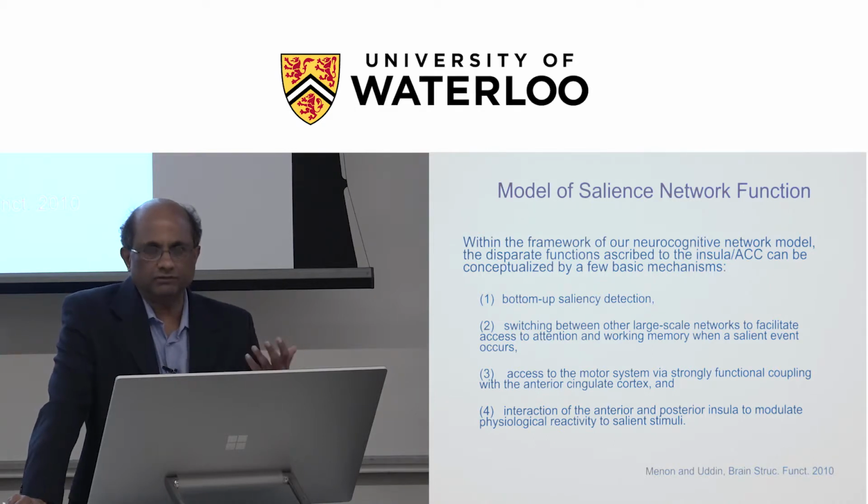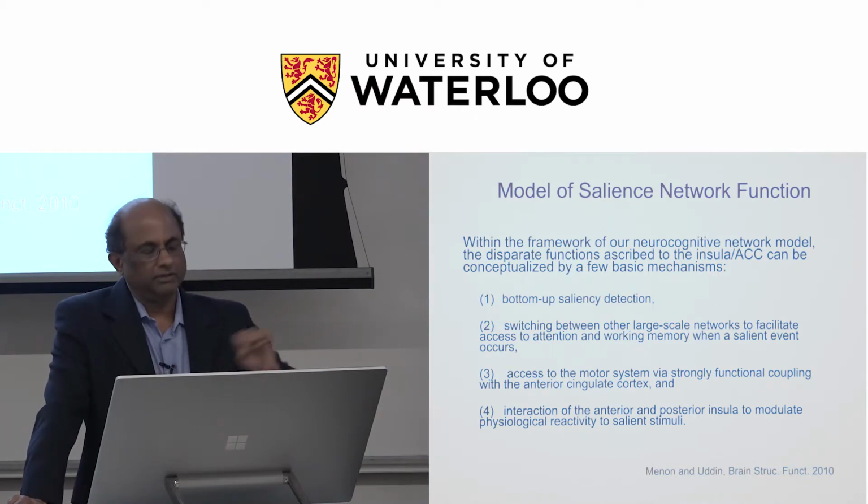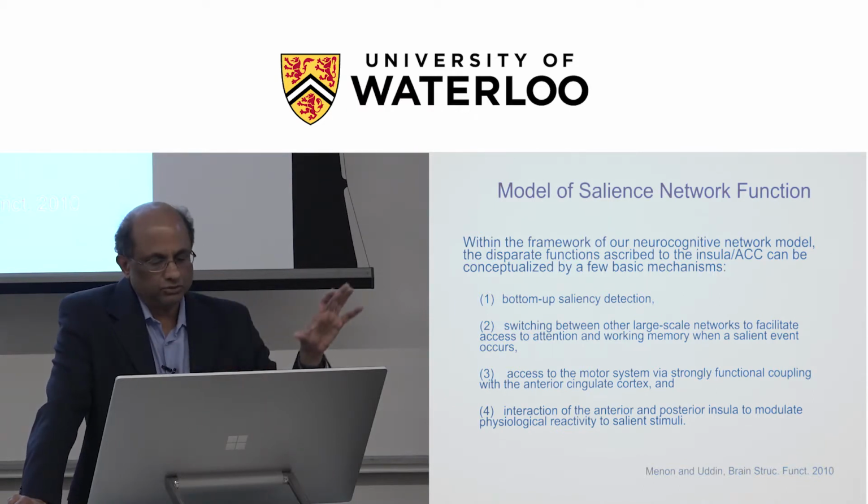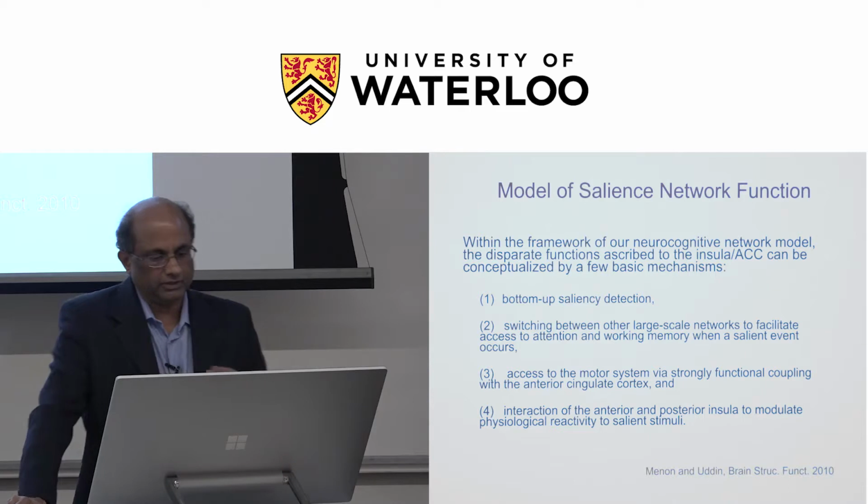And there's a switching of large-scale networks to facilitate access to resources, access to the motor system via coupling to the anterior cingulate cortex, and the anterior cingulate cortex that links to other motor control hubs, including the mid-cingulate cortex.